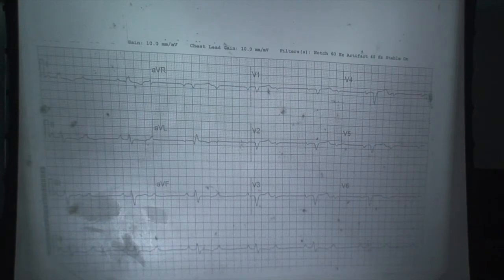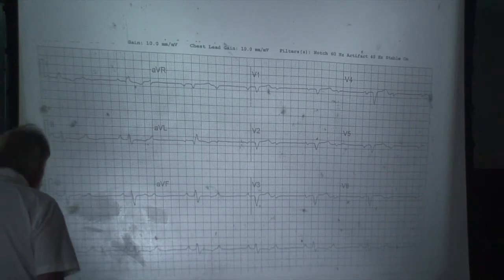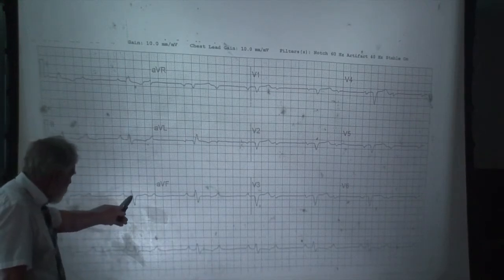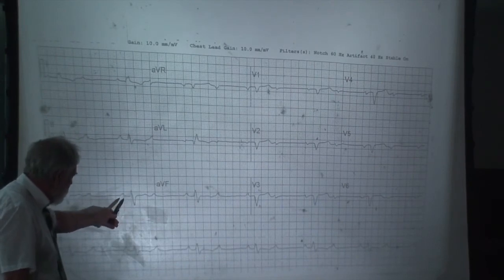It's not Wenckebach, it's second degree AV block, but not Wenckebach. You're right. I think Mobitz 1 is Wenckebach. I can never keep it straight. But yes, that is second degree AV block because there's a P wave that's not conducted, a P wave that is conducted.